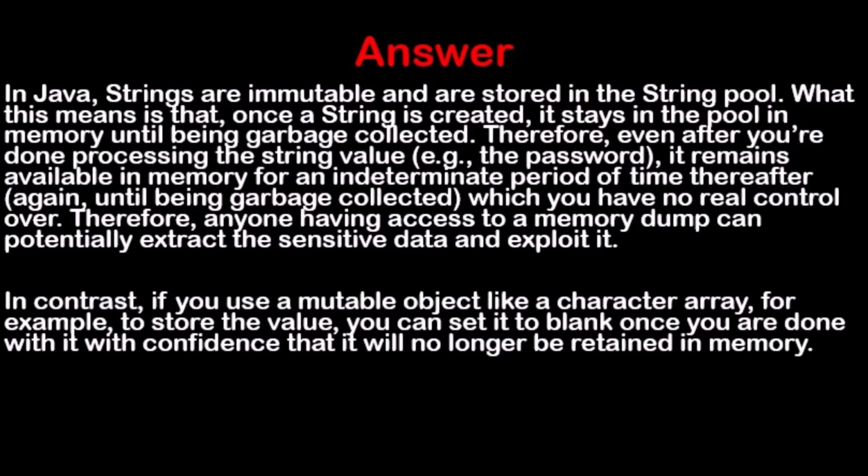Therefore, even after you're done processing the string value, for example the password, it remains available in memory for an indeterminate period of time thereafter, again, until being garbage collected, which you have no real control over. Therefore, anyone having access to a memory dump can potentially extract the sensitive data and exploit it.